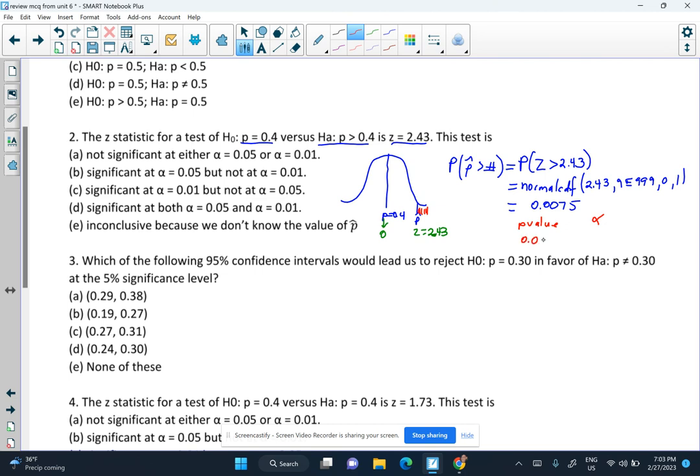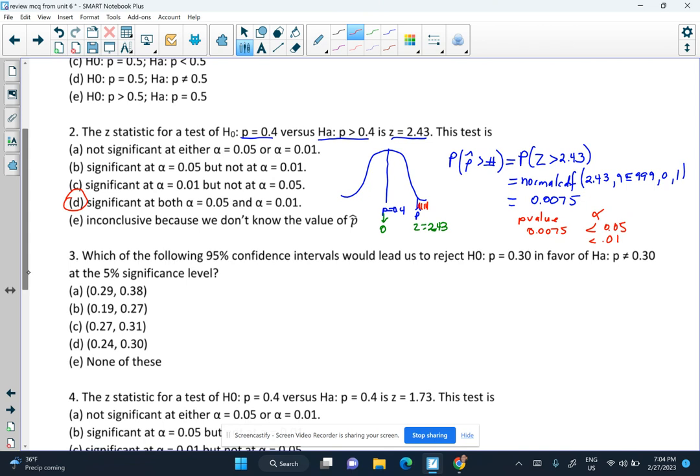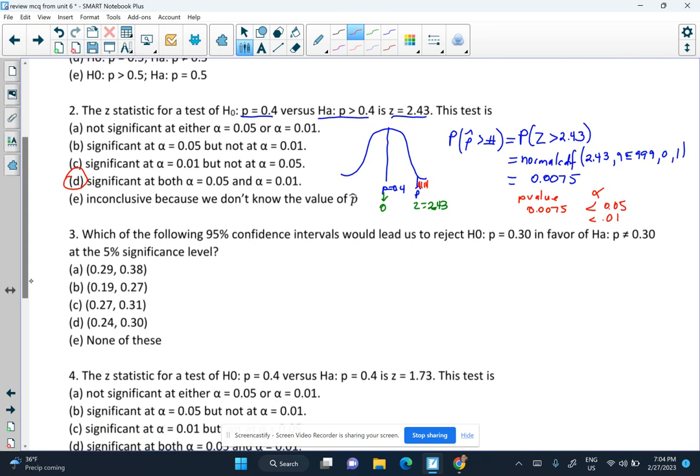So here's my p-value of 0.0075, which is certainly less than 0.05, and it's also less than 0.01. And so that tells me that the test is significant at both the 0.05 and 0.01 levels, because the p-value is less than both of those values. So we would reject our H0 and we would say that our results are significant.